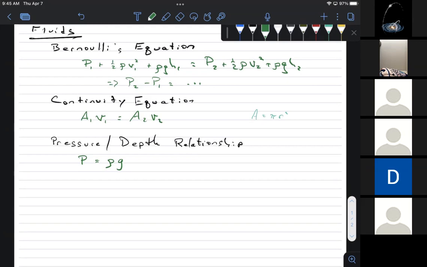And so g comes into play here, 9.8, times h, where h stands for the depth, how deep you go. Obviously, h seems like what it means is height. And usually when we talk about height, we talk about how much higher the object is, the distance upwards. But in this case, when we use h, we mean how low. From the surface, how deep did you go? So that's the depth.